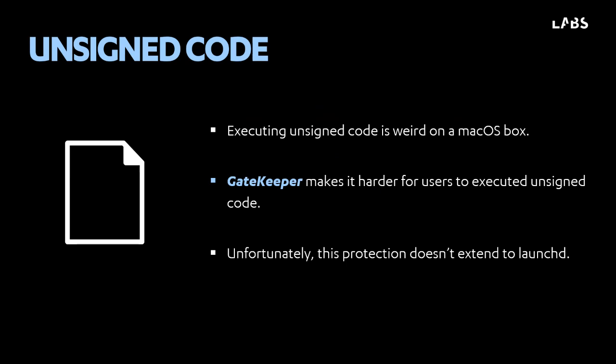Now, as I'm sure we've all seen in recent industry research, that's not always the case. There's been quite a lot of notarized macOS malware, but that's for another time. The reason it's applicable here is what's interesting about launch agents, and perhaps one of the reasons they're so commonly used by malware, is that launchd, which is effectively what keeps all these launch agents alive, doesn't run into the issue with Gatekeeper.